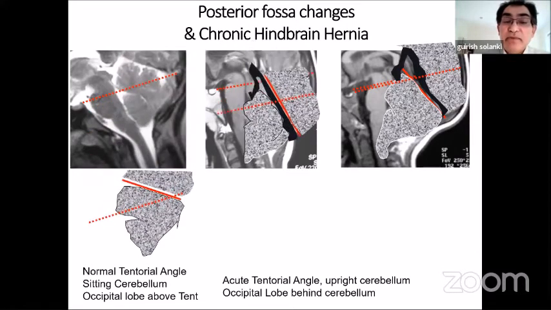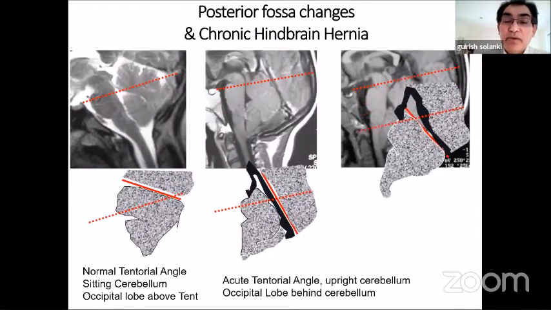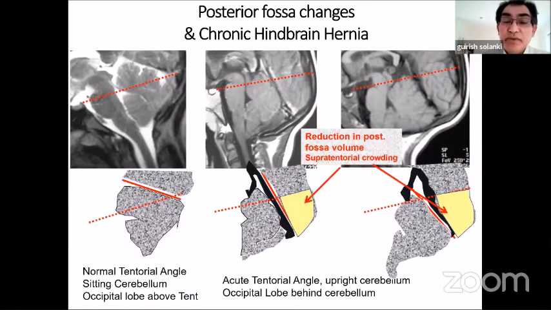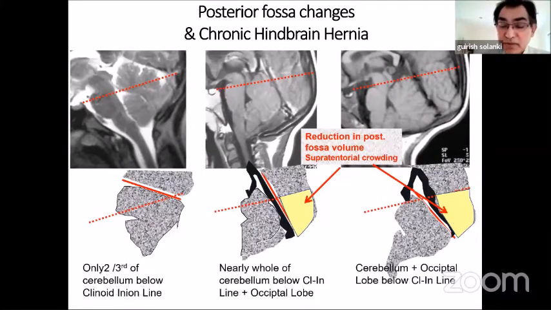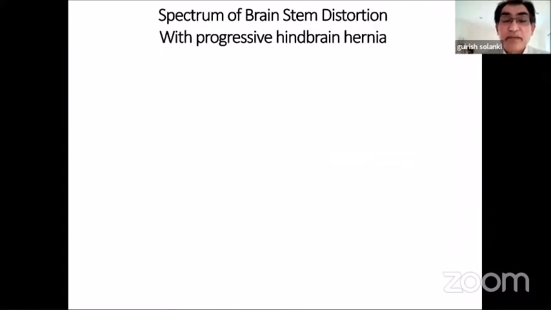And therefore, you have to think, how am I going to improve the situation and reduce the supratentorial crowding, which is reducing the posterior fossa volume? And the solution to that, of course, is to increase the size of the skull by a calvarial augmentation.